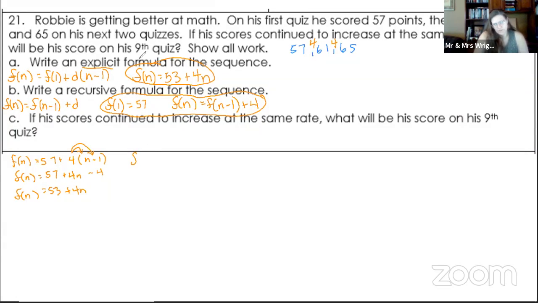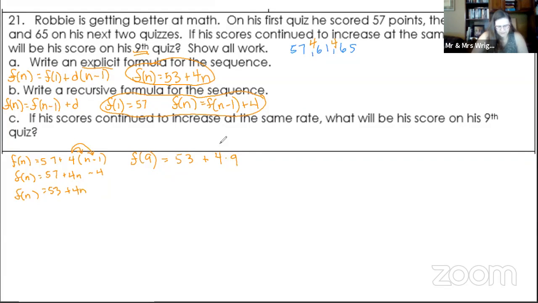Now, to get to what was actually asked of us, what is his score on the 9th quiz? So we want to put f of 9 into one of these equations. F of 9, I want to use this top equation, equals 53 plus 4 times n, 4 times 9.